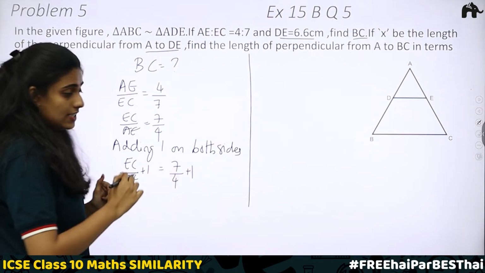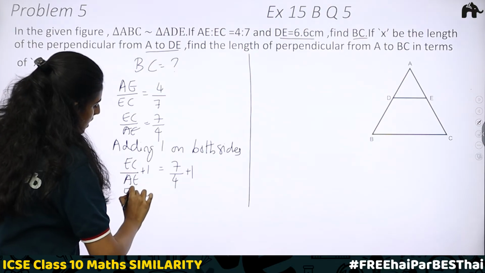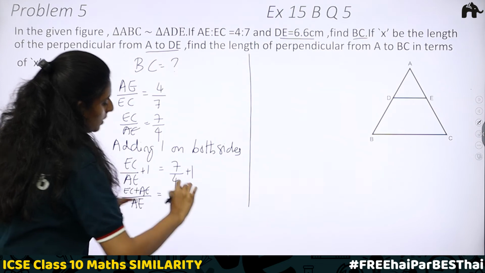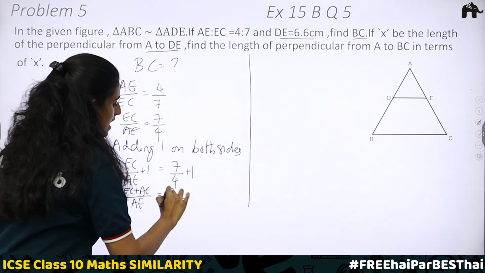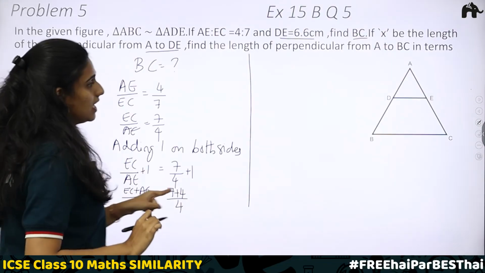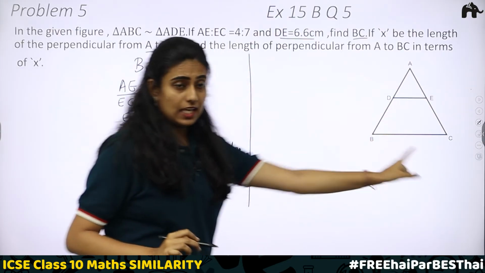Now taking LCM, the denominator here will be AE and the numerator EC plus AE. That is equal to, here the denominator is 4, we have 7 plus 4 into 1, 4. EC plus AE. EC is this part and AE is this part. The total AC.